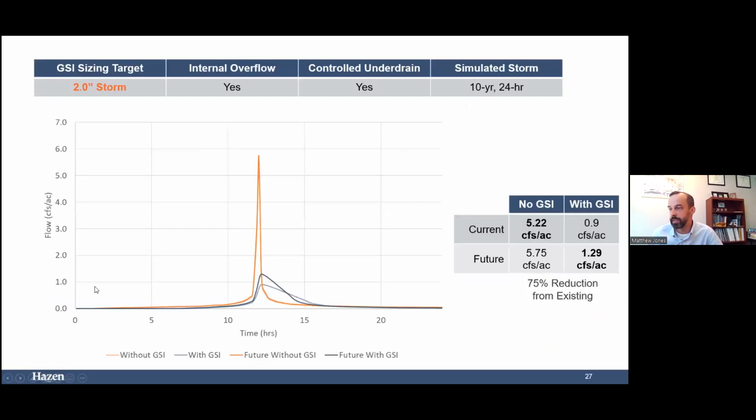So when we look at that scenario, keeping the internal overflow and the controlled underdrain, you can see that additional sizing goes even further in addressing our peak flows and more than counteracting those future climate changes.